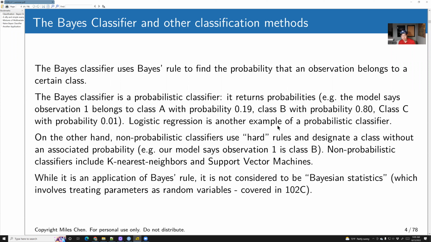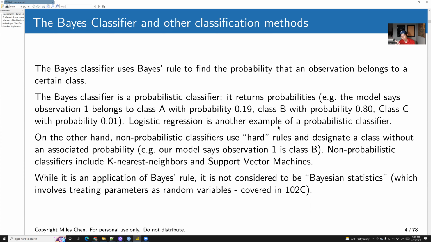So what we're going to do is first look at the Bayes classifier. The Bayes classifier works by using Bayes' rule. It's a probabilistic classifier, and what that means is it is going to return a probability, and that probability vector will add up to 1.